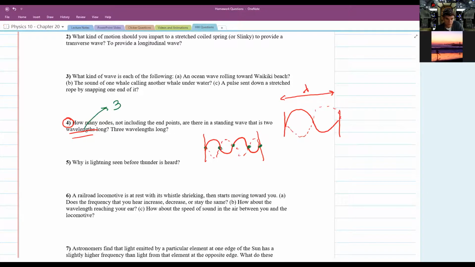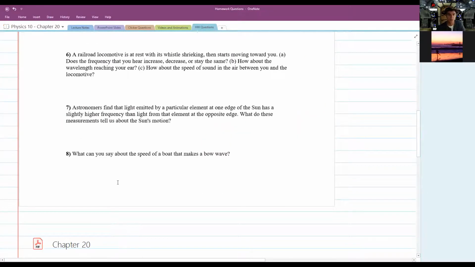A couple other ones to go through. This one was kind of a challenging one. Astronomers find that light emitted by a particular element at one edge of the sun has a slightly higher frequency than light from the element at the opposite edge. What do these 2 measurements tell us about the sun's motion? This one's kind of challenging, but we have good enough telescopes where we can look at the light emitted from a close star, not the star as a whole, but just certain sections of it.